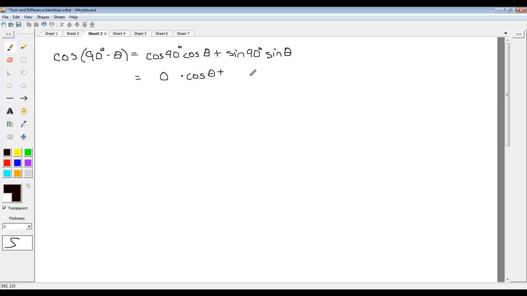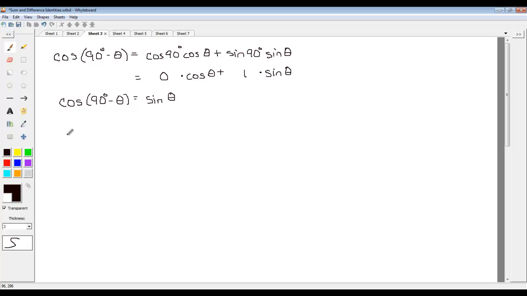Sine of 90 degrees we know is 1. So it turns out cosine of 90 degrees minus theta equals sine of theta. Is that cool or what? All right, let's use that to help us derive situations with sines. Let's try to derive sine here.